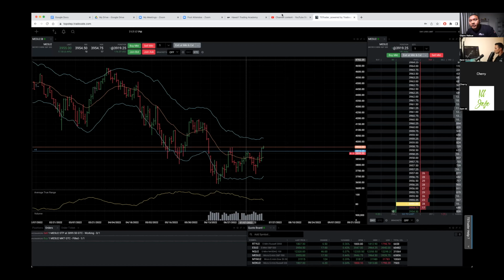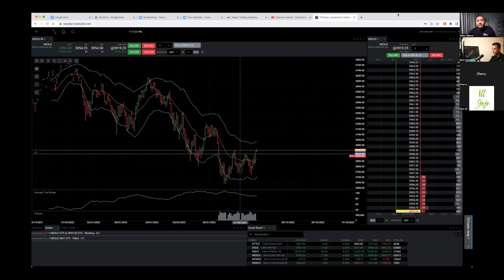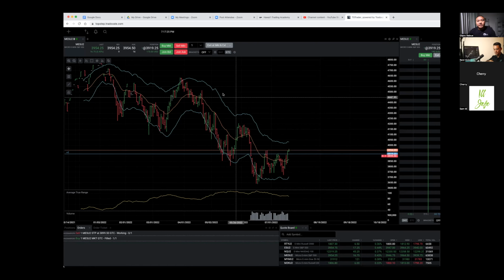Right now, I am currently long micro S&P. So let me just go back, zoom out, show you guys what I was looking at. So this market, similarly with the other indices, NASDAQ and the Dow and the Russell, we've been on a nice downtrend with a deep pullback.